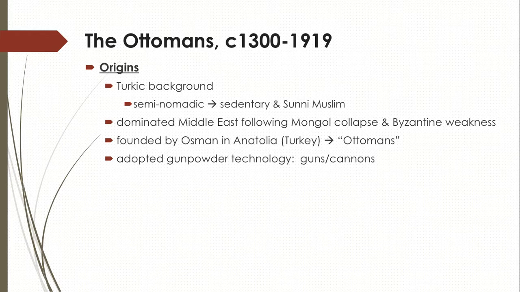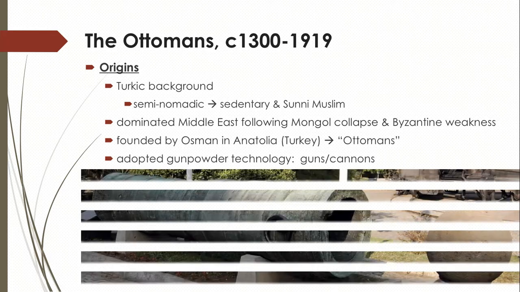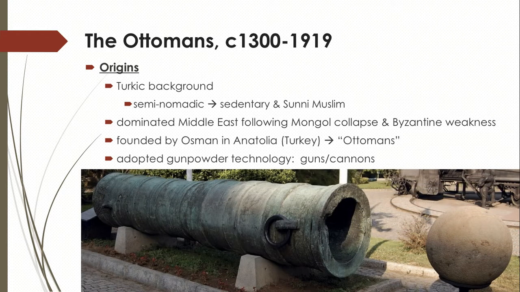And using their gunpowder technology, they're basically going to roll over the remaining bits of the Byzantine Empire. So using their gunpowder weapons, firearms, cannons, such as this one here, massive cannons, they have that edge over those states that lack them, especially that Byzantine Empire.